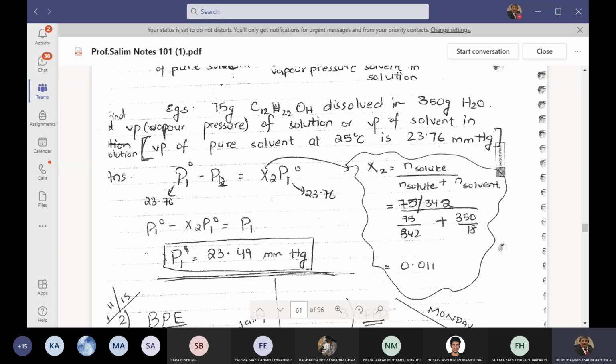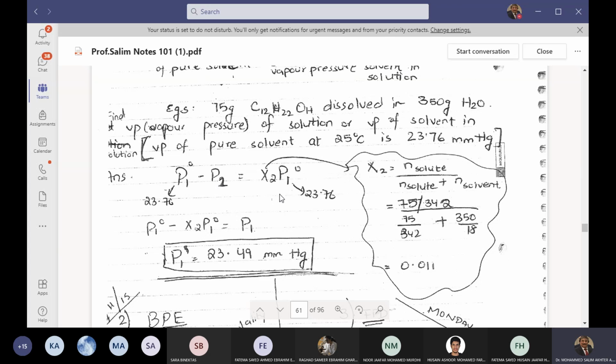Always remember for VPL, vapor pressure of pure solvent P1 zero is always greater than P1. P1 is the vapor pressure of solvent in solution, or in the simplest way, vapor pressure of solution. P1 zero is vapor pressure of pure solvent, and P1 is vapor pressure of solution.